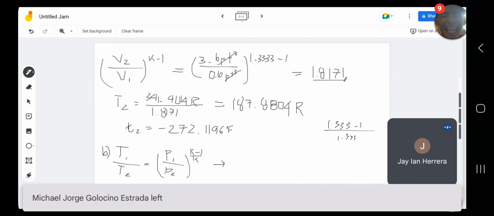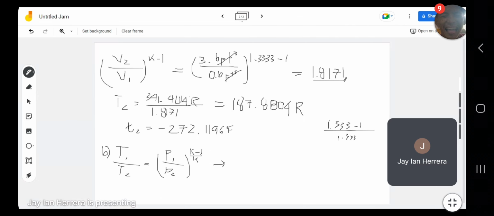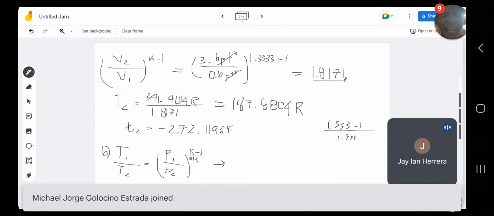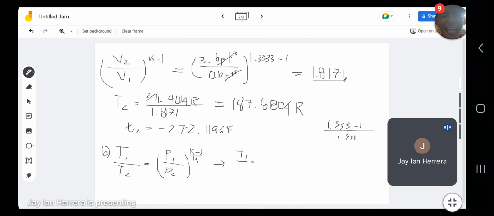So that's 1/4. So magkakaroon tayo ng exponent dito na 1/4. Nagiging T1 all over T2 is equivalent to P1 all over P2 raised to 0.25, or let's say raised to 1/4. Therefore, we can rewrite this equation. Pwede nyo i-shift solve yan, pero sobrang tagal niyan.